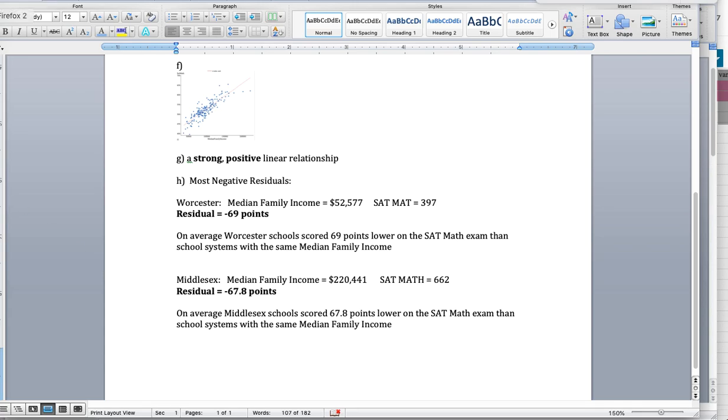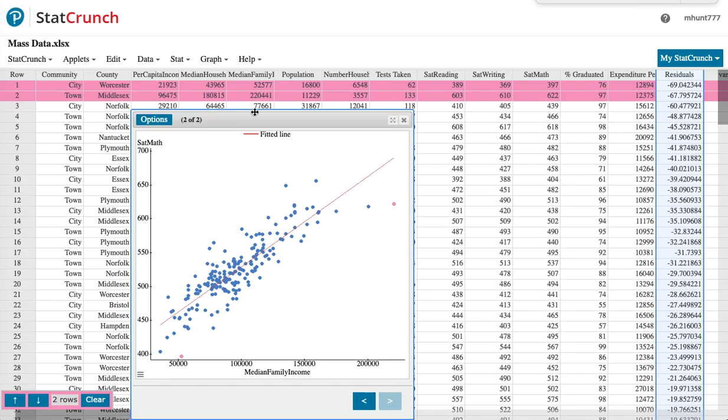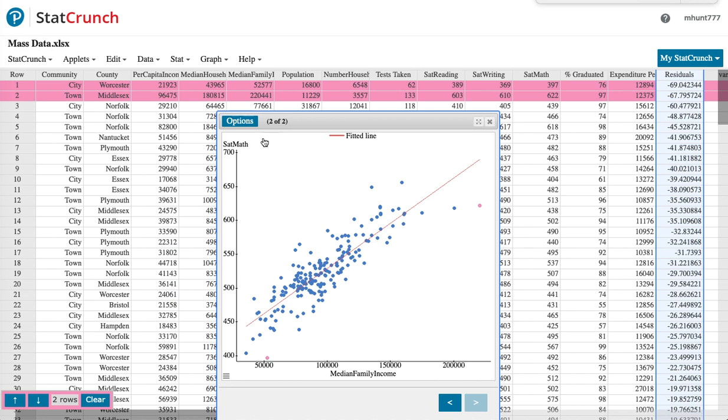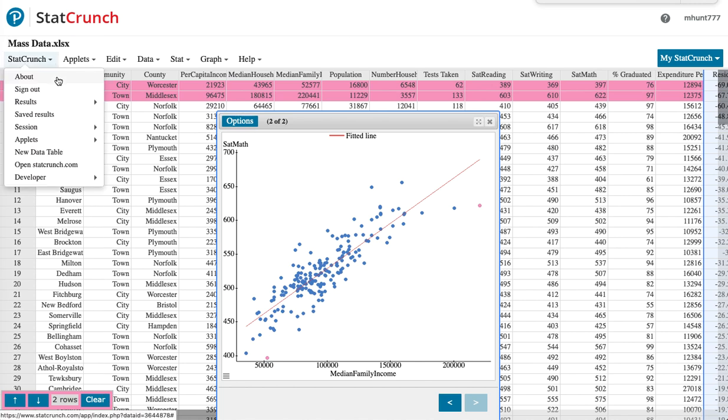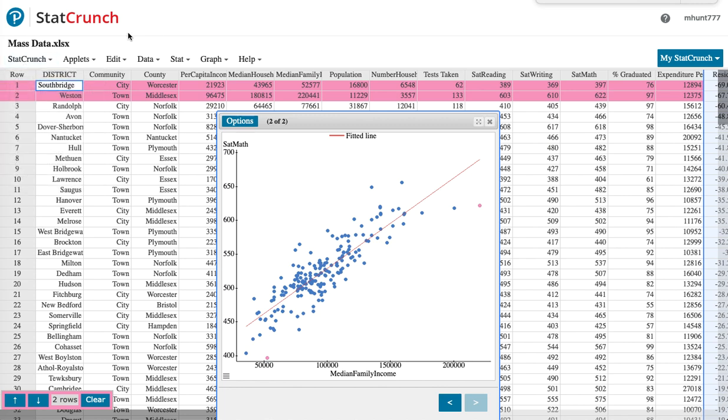Let's go back to the data again. What is being studied? If we scoot over here, what we're studying is school districts. The units that we're studying are not individual children or individual students.